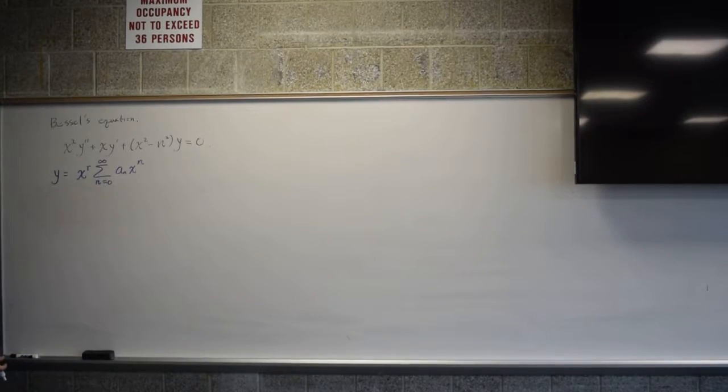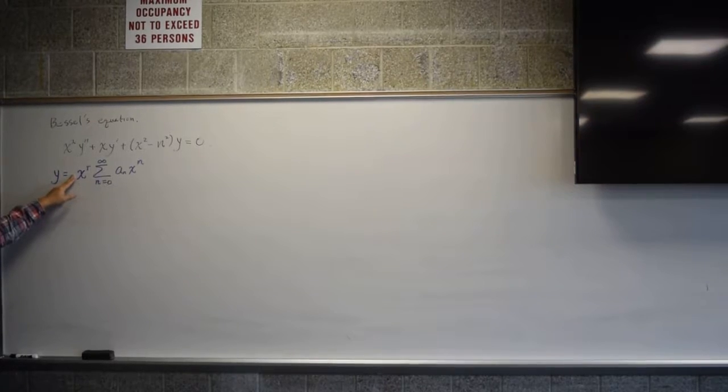And the other solution may also look like this, or may not. Okay? In the case when it does look like this, then you would just find both solutions this way and find the general solution. But in our case, there will be two types of solutions, and only one of them will be expressible in this form.